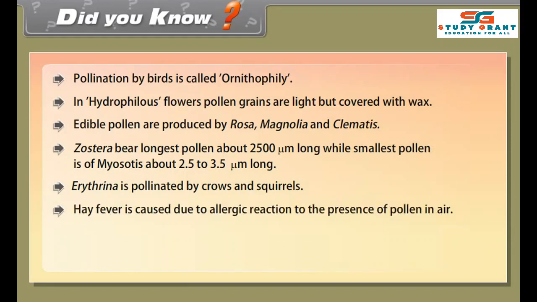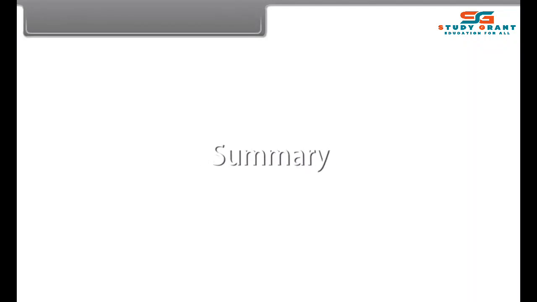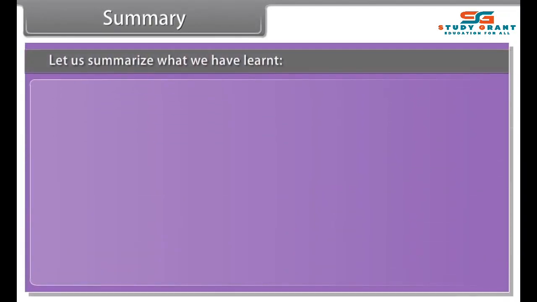The megagametophyte, also called embryo sac in flowering plants, produces an egg cell or several egg cells in some groups for fertilization. After fertilization, the ovule develops into a seed. Syngamy.